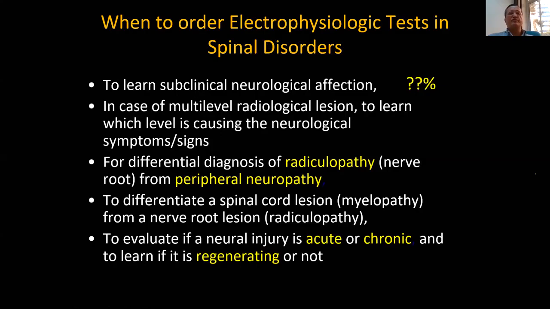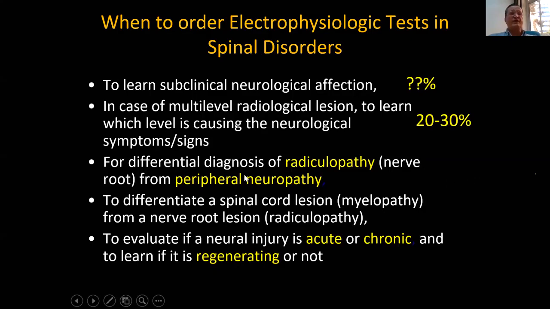In case of multi-level radiological lesion, to learn which level is causing the neurologic symptoms and signs, probably you can learn in 20 or 30% of cases. This is just estimation. This is not real scientific data. There is no good scientific data on that.